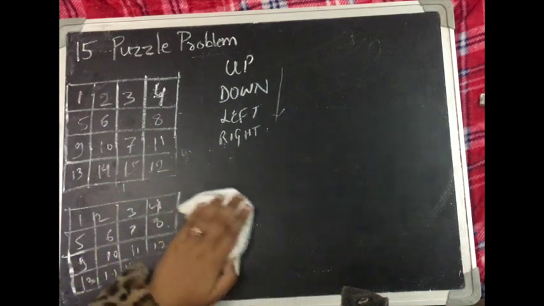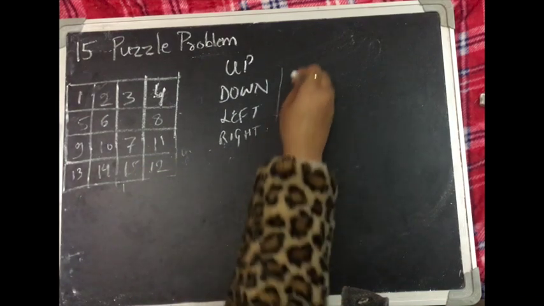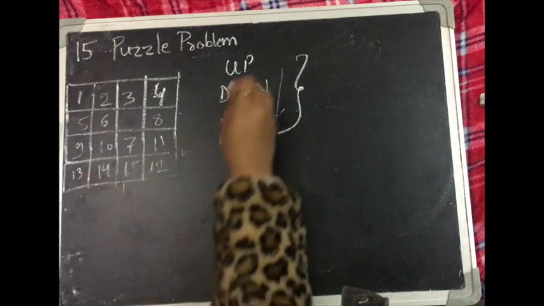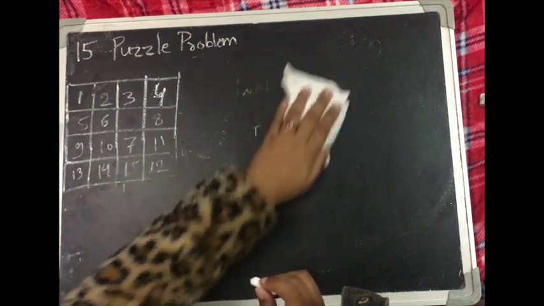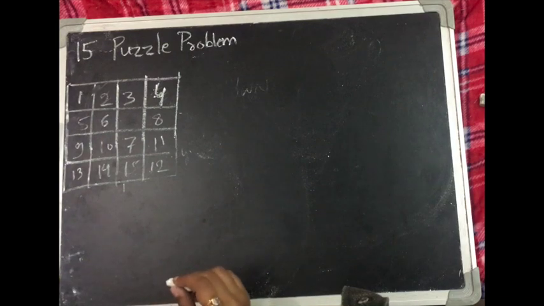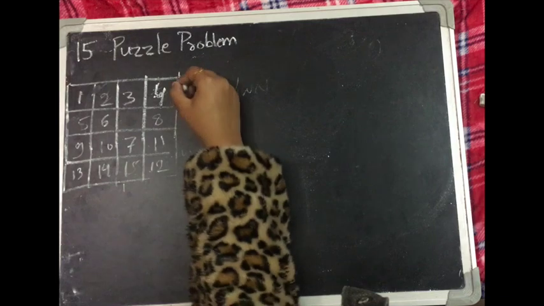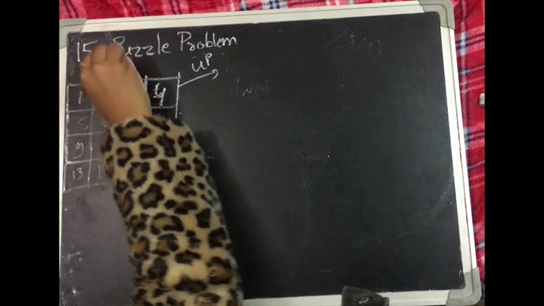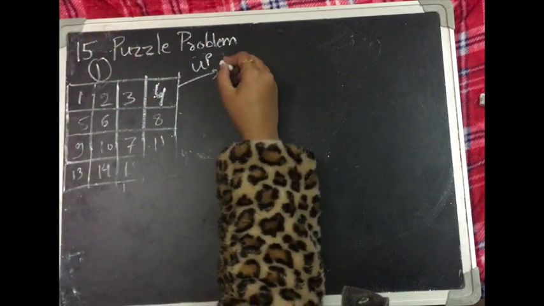So I have to apply these 4 moves to this level: up, down, left and right. Let's solve the question. So when I apply move up, what happens is, suppose this is node number 1. Okay, so when I apply up, what happens?